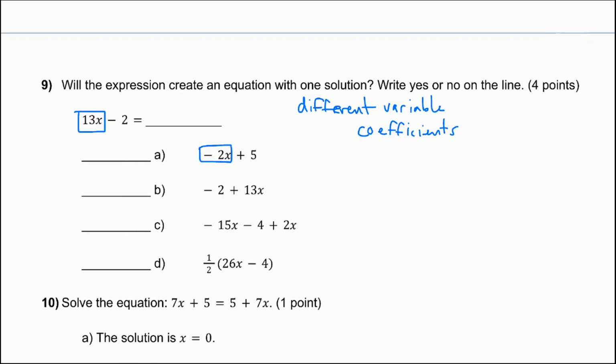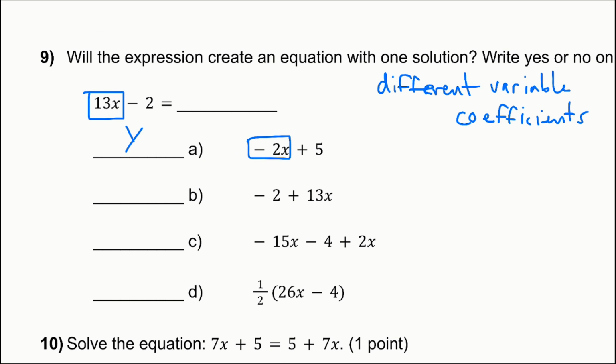So this is yes. Okay. This is a 13x right here. So that will not result in one solution. That will be a special case, either a no solution or an infinitely many solutions. So that's a no. Negative 15x plus 2x is a negative 13x minus 4.